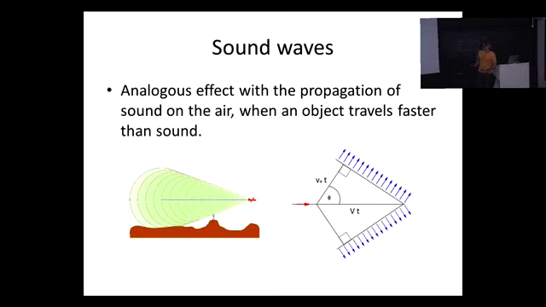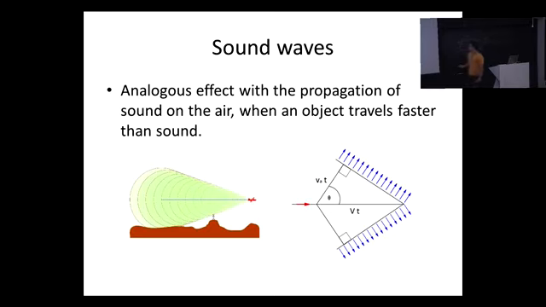If we have a supersonic object, it also will lead to this cone effect. But here there is no relation with the constructive interference. It will be just that the object is propagating faster than the waves it is creating, so it just creates this cone.